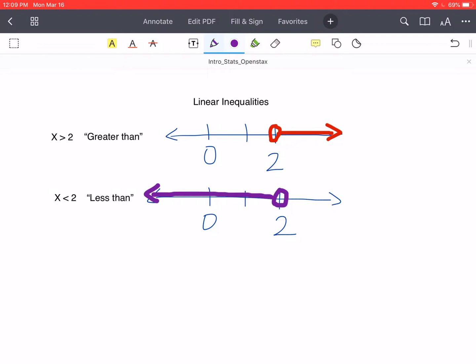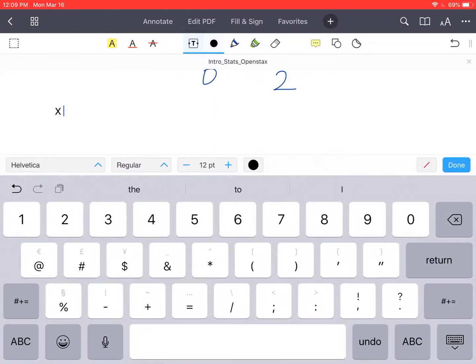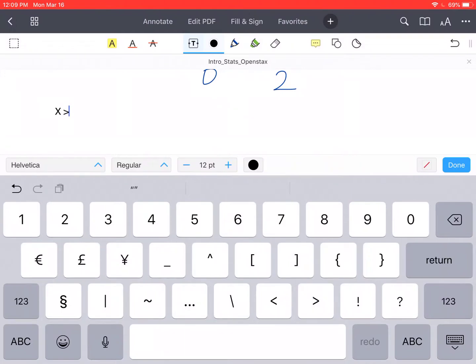The only other ones we need to talk about are the inclusive inequalities. So we have x greater than or equal to.